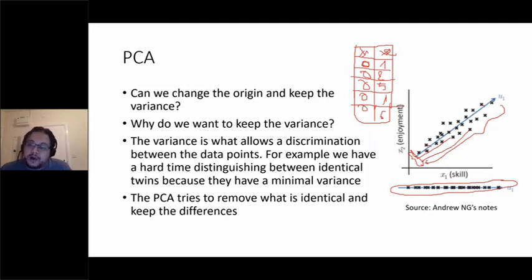So the sum of the differences from the mean is higher along this line, but very small along this line. So that's why this line will maximize my variance: the sum of the differences between the mean and each data point.